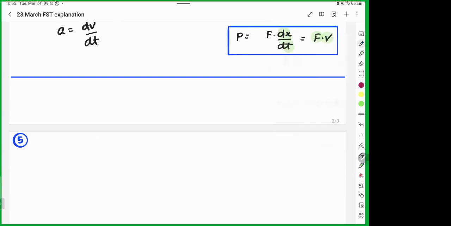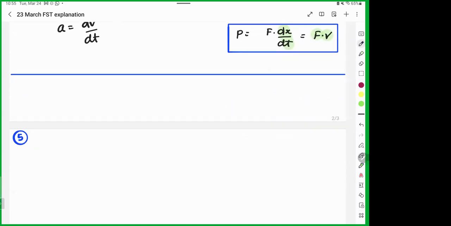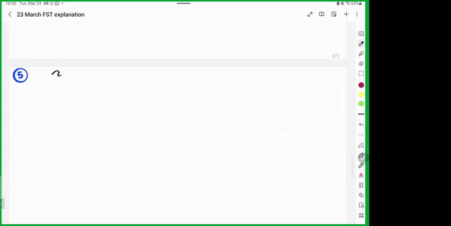In this question number 5, what happened? You know, electric field is the force experienced by the test charge, or you can say force is equal to Q into E. This is the first concept.